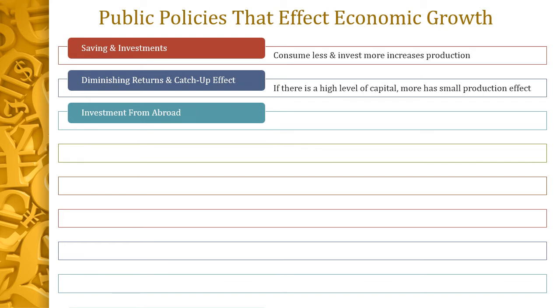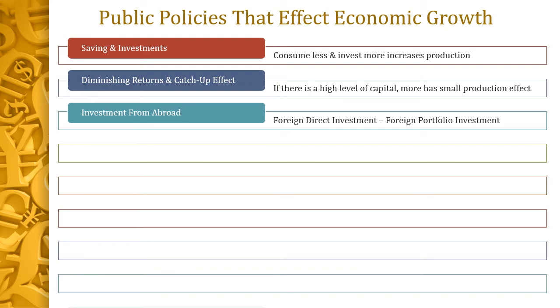So there are two types of investments that we need to understand: foreign direct investments and foreign portfolio investments. Now, a foreign direct investment is where a country or a company directly builds equipment or structure in another country.